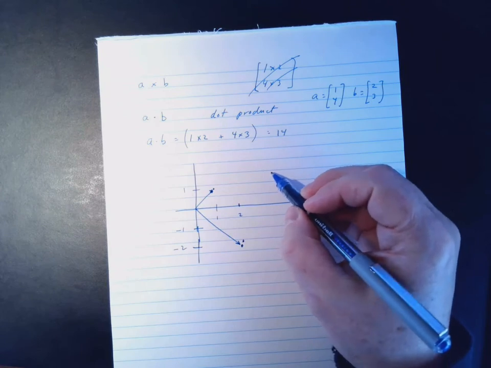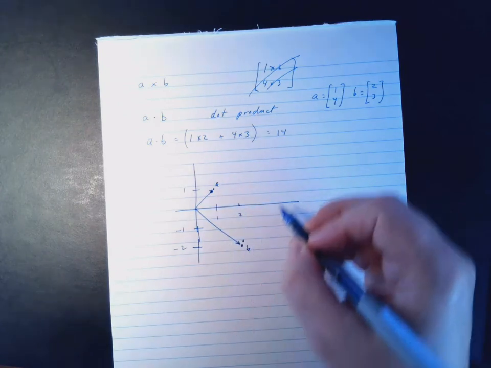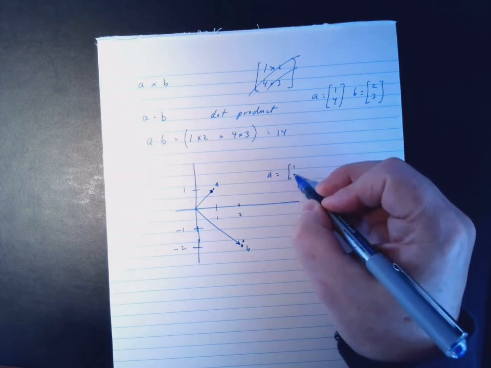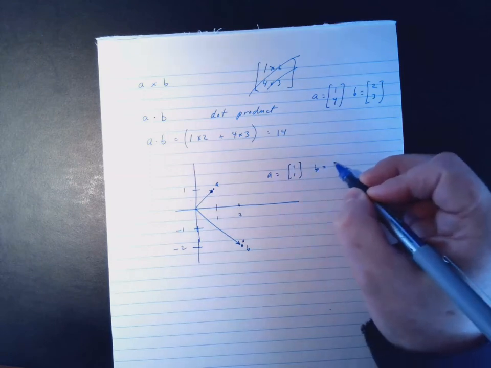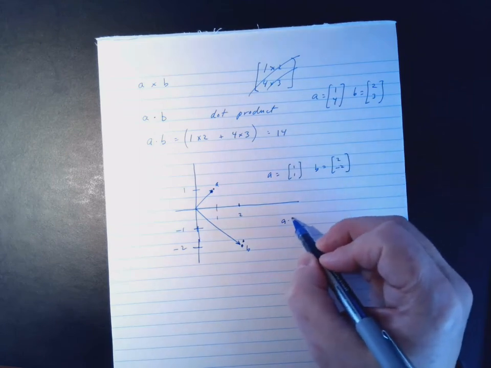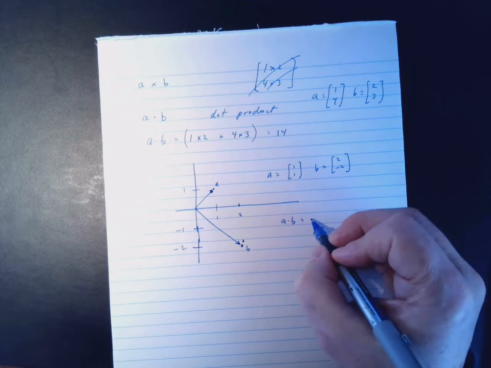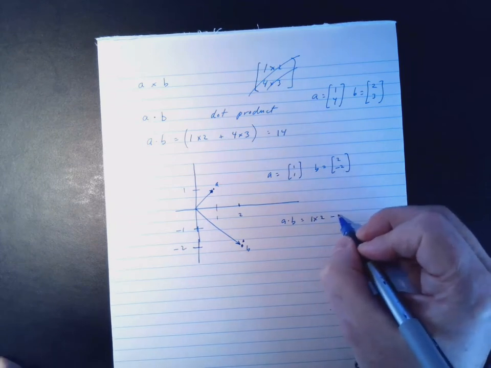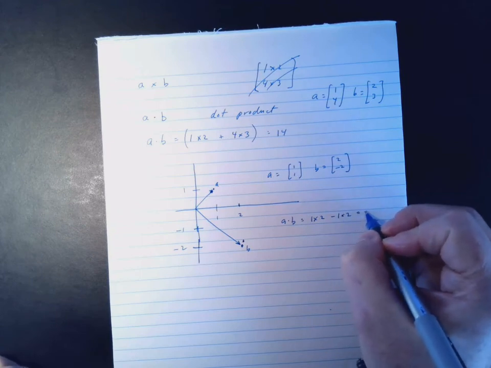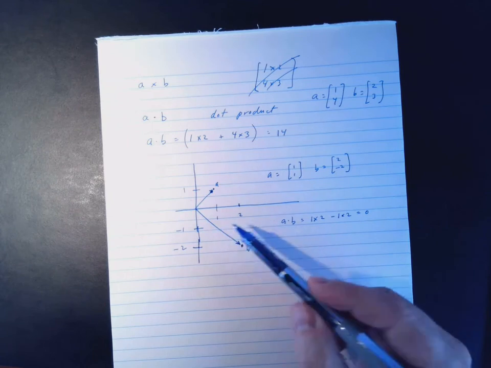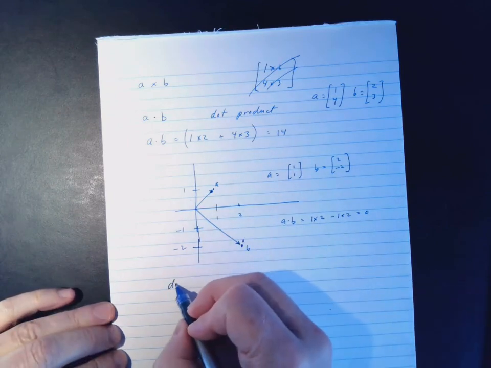So then the dot product, if that's A and this is B, so A equals 1, 1, B equals 2, minus 2, so the dot product is 1 times 2 plus 1 times minus 2, which is minus 2, so that equals 0. So the dot product of orthogonal vectors is 0.